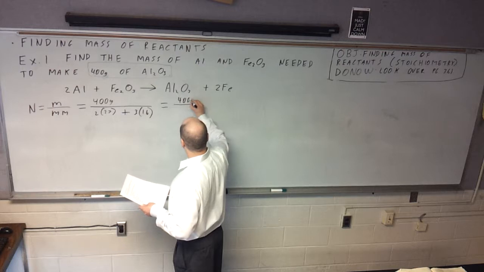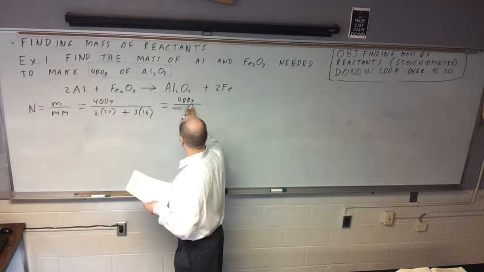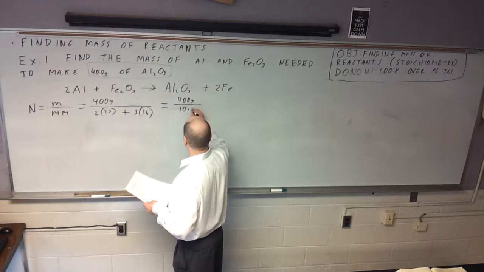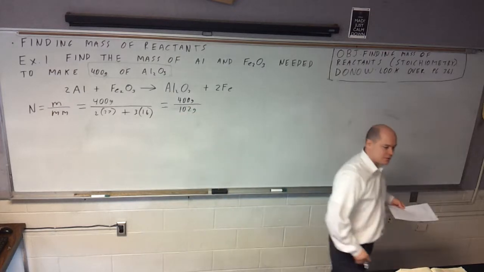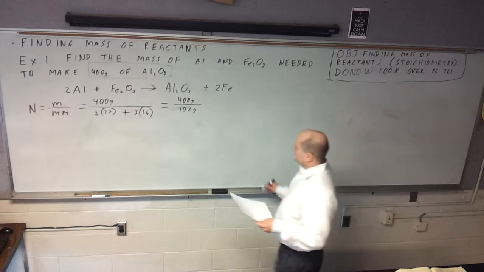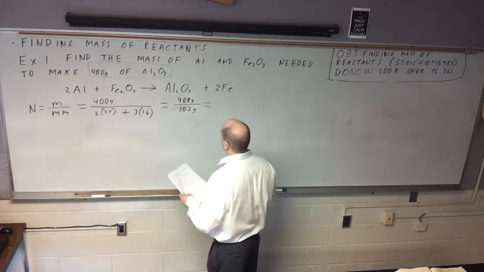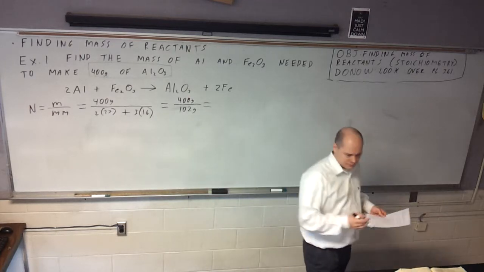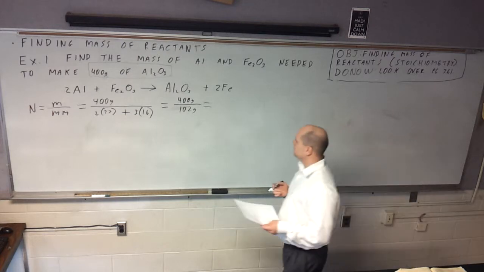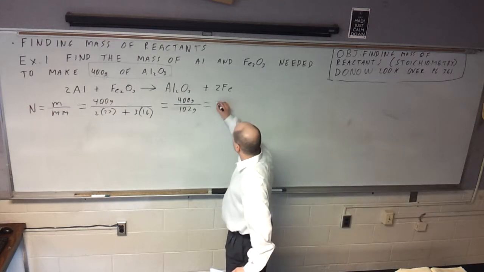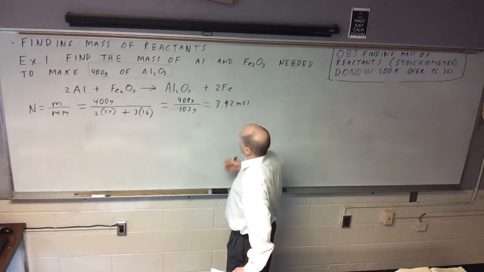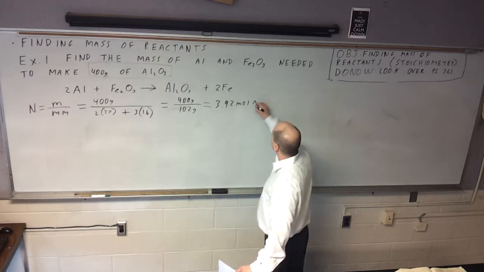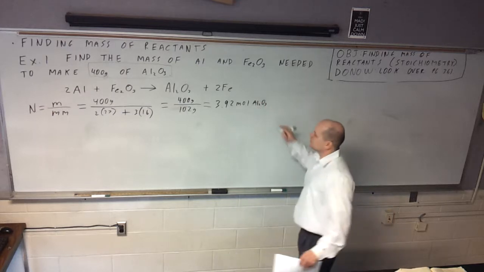So it's 400 grams divided by 102 grams per mole, but I don't want to mess this up any more than we have to. All right, so 400 divided by 102. What's that come out to? 3 point something? 3.92. And that's moles of aluminum oxide. So that's your N for aluminum oxide.